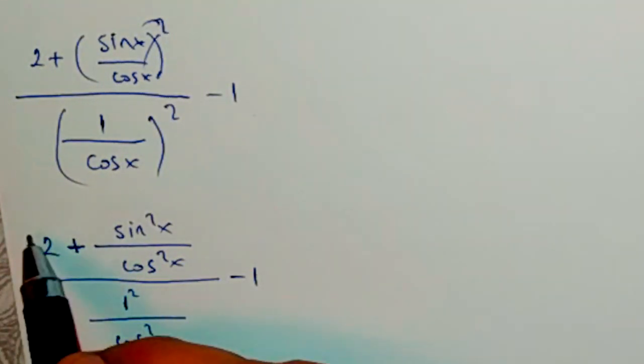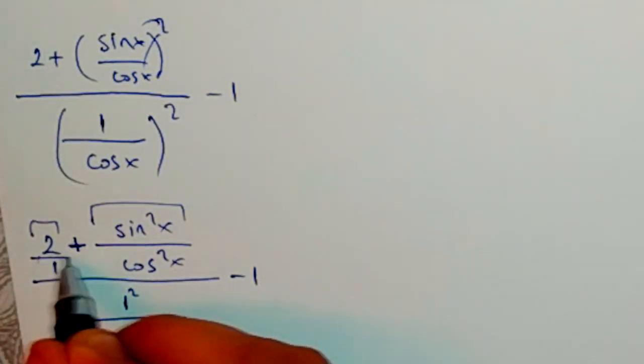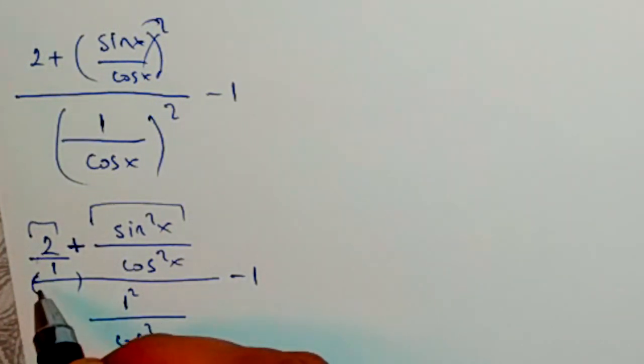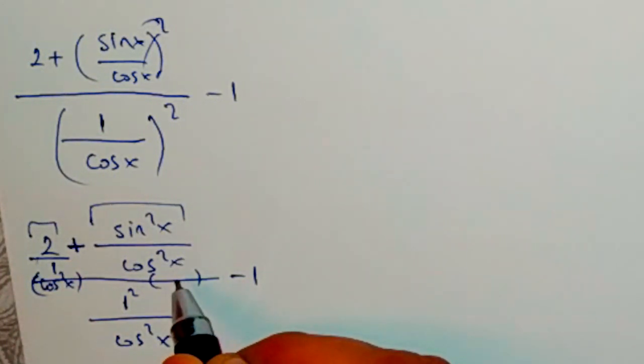Firstly, 2 must be added to this one. That's why I will write 2 like this, 2 over 1. And the left part I will multiply by cosine square x, and this part I will multiply by 1.